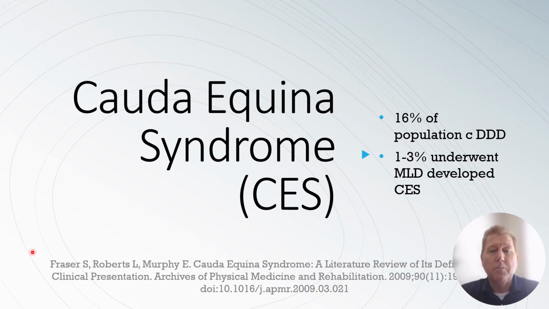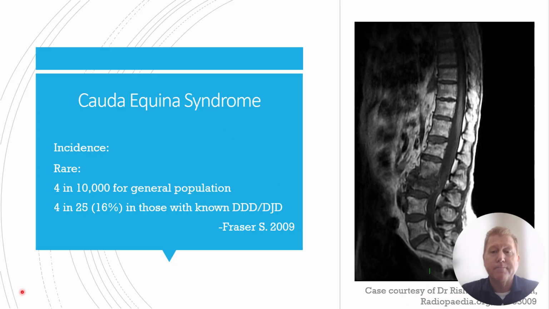The cauda equina is associated more with degenerative disc disease, where you see folks that have degenerative discs or a lumbar discectomy, and they could potentially develop cauda equina syndrome, where the disc itself compromises the space where the nerves are descending.